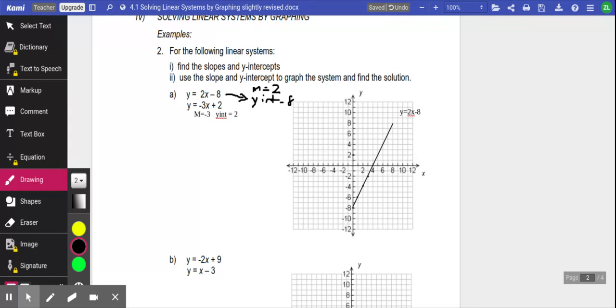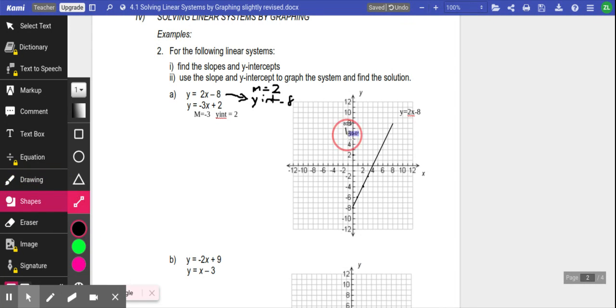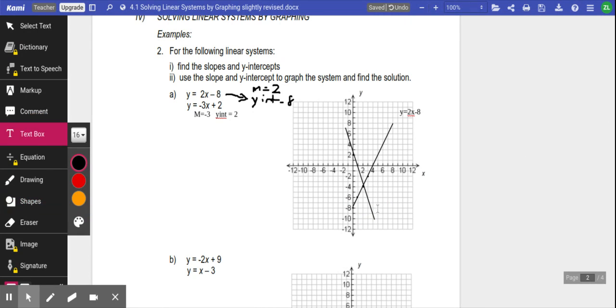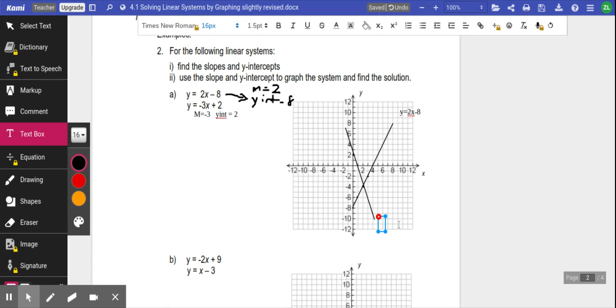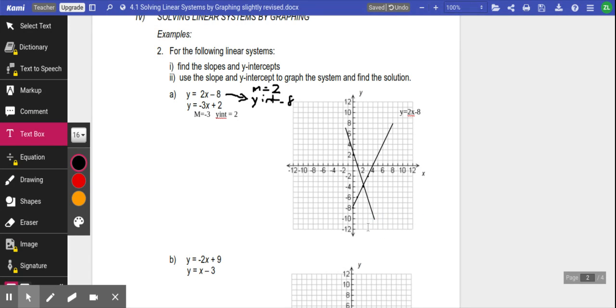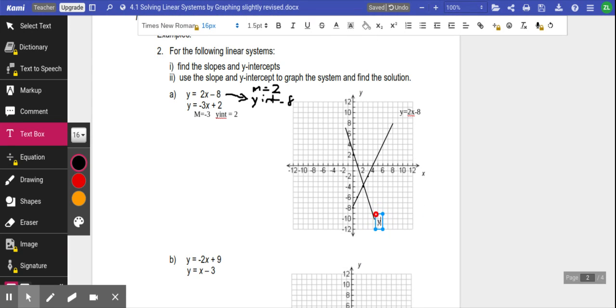This point right here is on the graph, and if I connect these points and label my line, it would be y equals negative 3x plus 2.